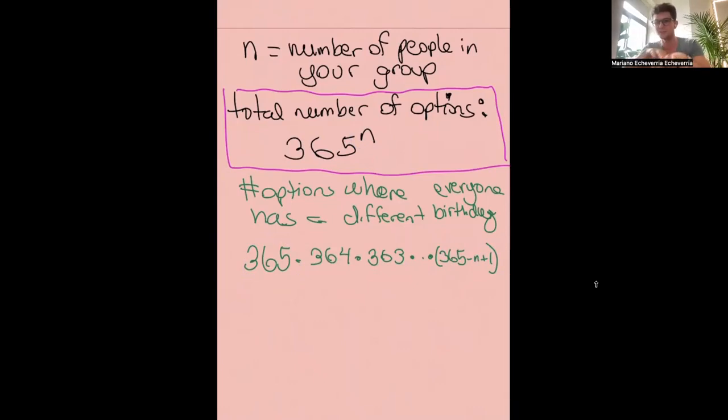But then the fun part is always to do the general case, which is what we're doing right now. The probability in this case of everyone getting a different birthday is that number divided by 365 to the n.